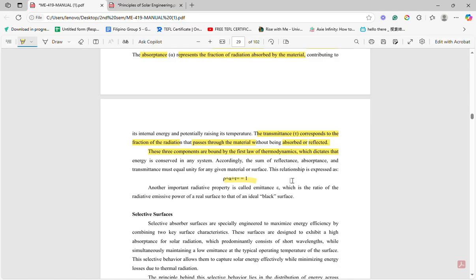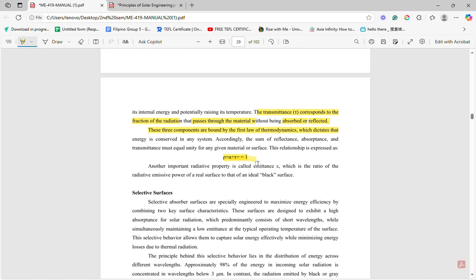As we said earlier, this is bounded by the first law of thermodynamics: energy in equals energy out, it cannot be destroyed or created. And this should be equal to 1, like what I have mentioned earlier.